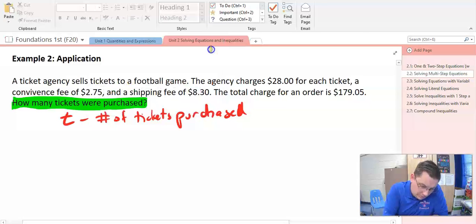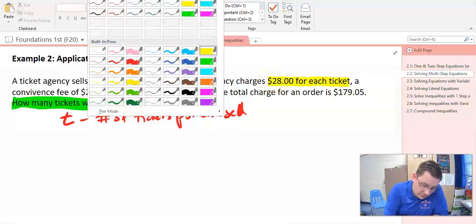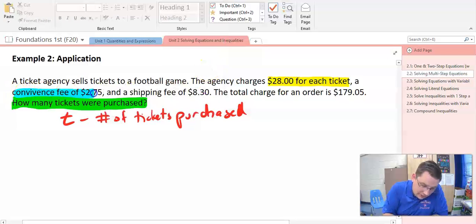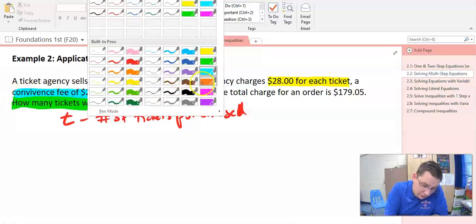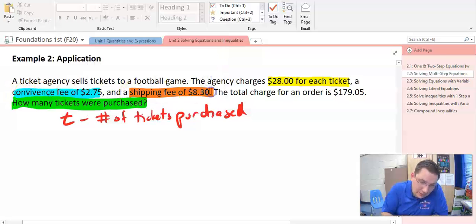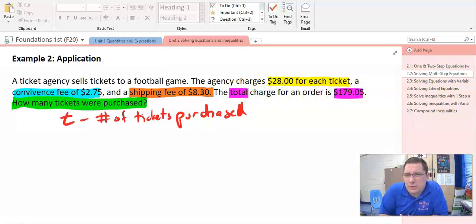We know that each ticket is $28. We know that the convenience fee is $2.75. And we know that the shipping fee is $8.30. And we know, the last piece, that the total amount is $179.05.